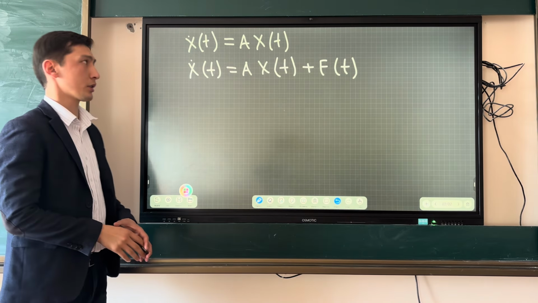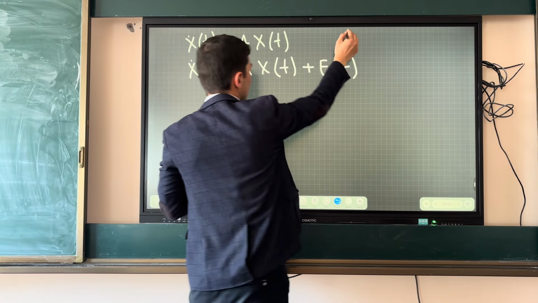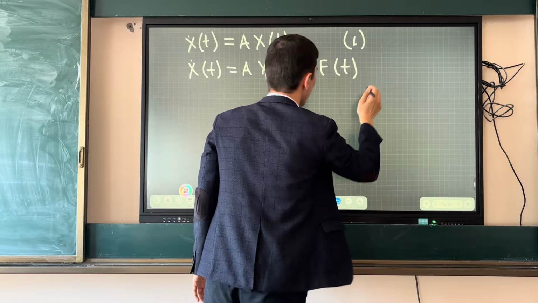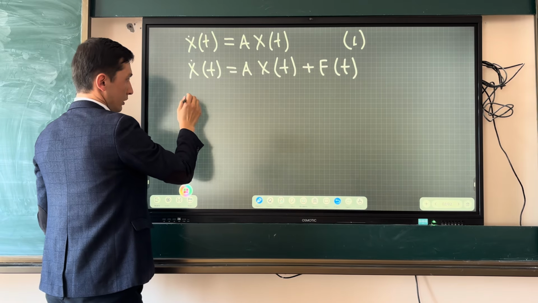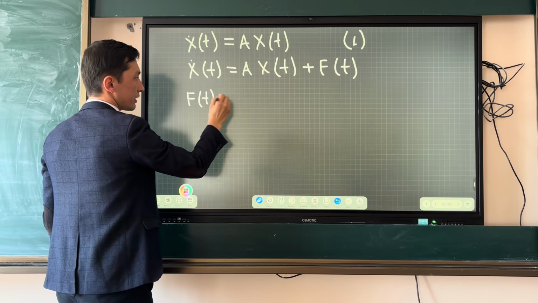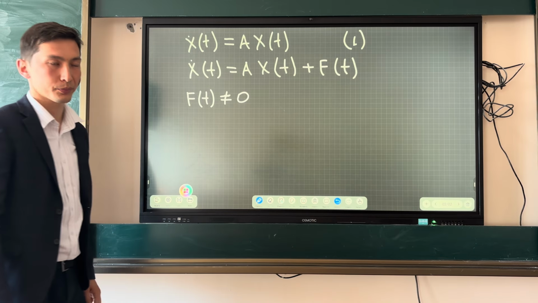So consider we are given a homogeneous system, the first one, and the second one is a non-homogeneous system, because f of t is not equal to 0.